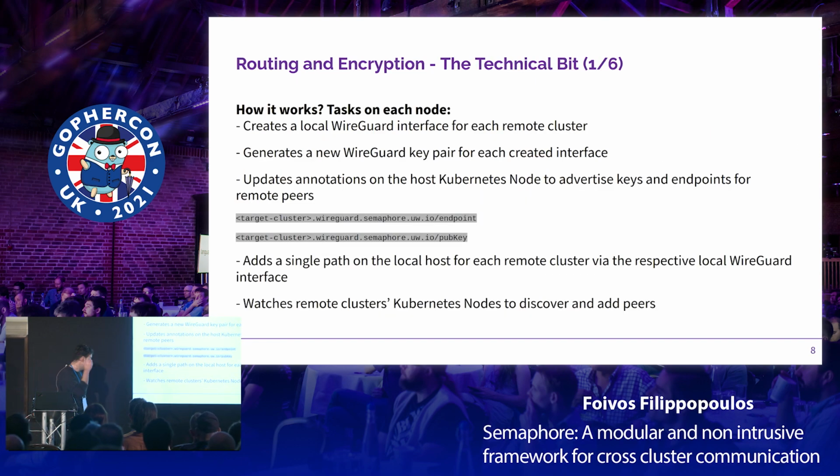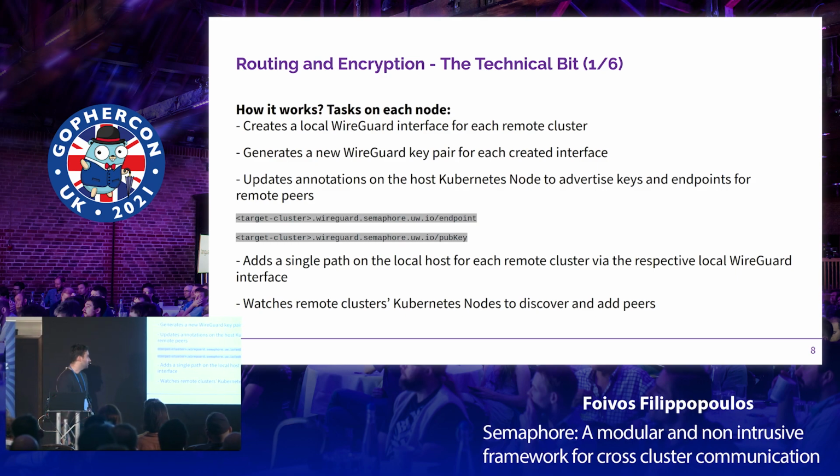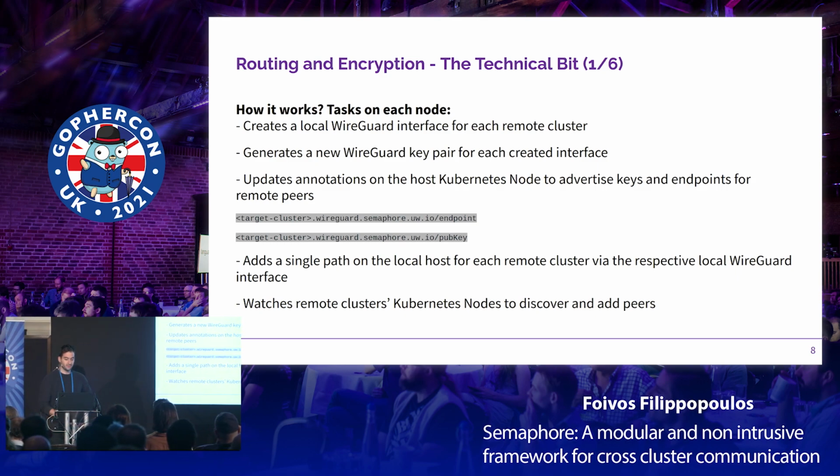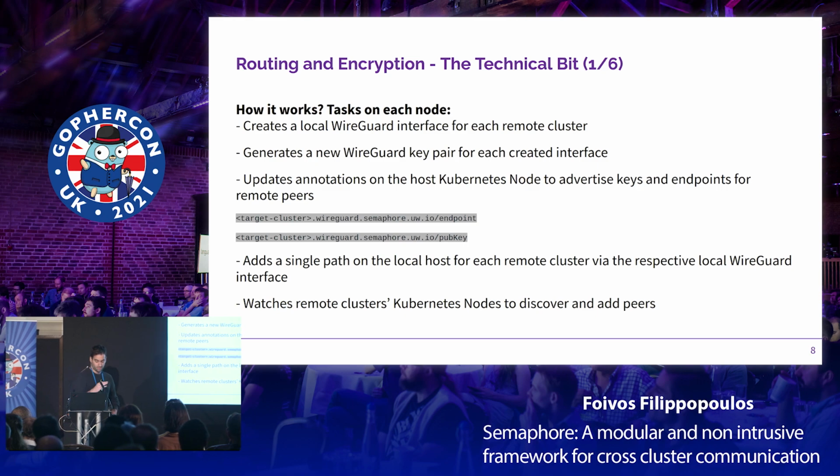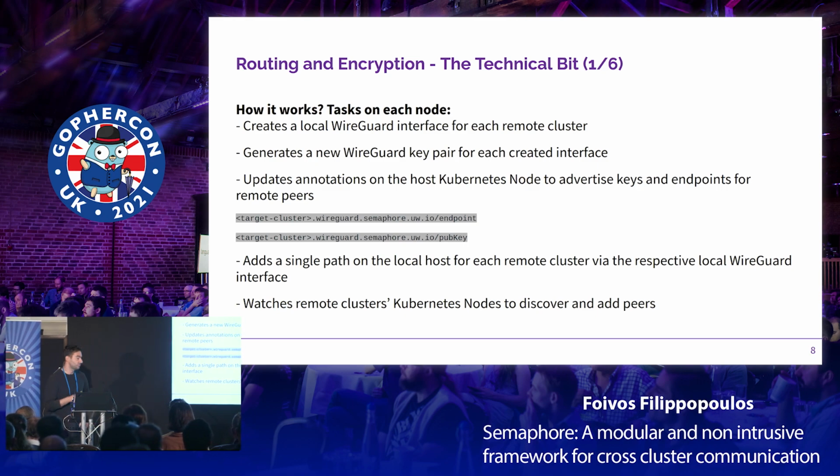Now, what's actually going to happen under the hood? Remember, this is a daemon set, so it's going to be running on every host on all our clusters. Every node is going to be running Semaphore WireGuard.